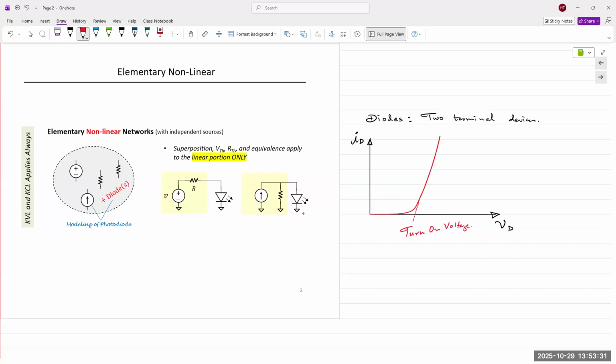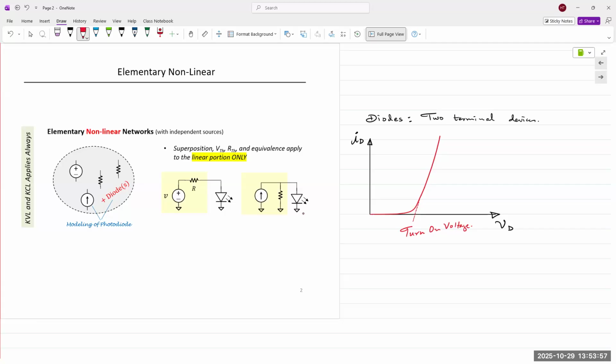You've already used this in the lab. We've looked at some introductory circuits using diodes, and then we'll look at more diode analysis under this lecture. So one thing about the techniques that we learned about, superposition. Superposition applies only to linear circuits. If it's non-linear, we cannot add them directly.